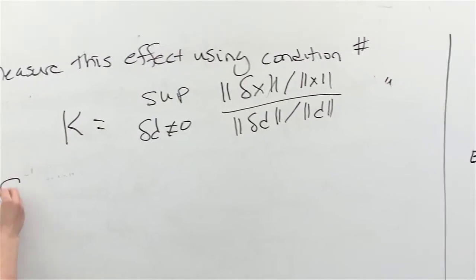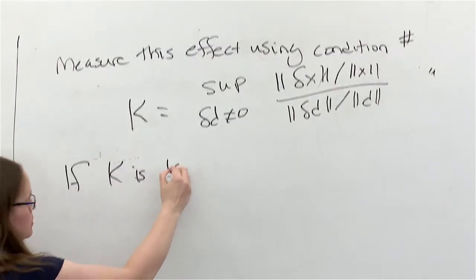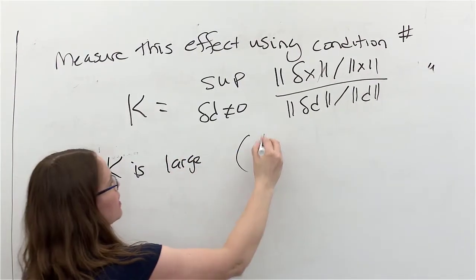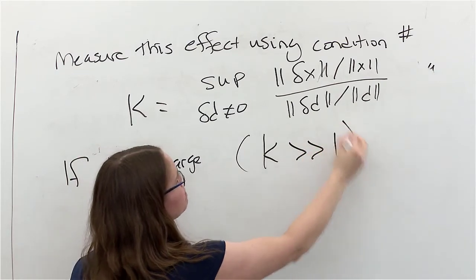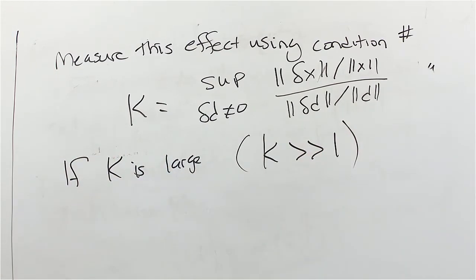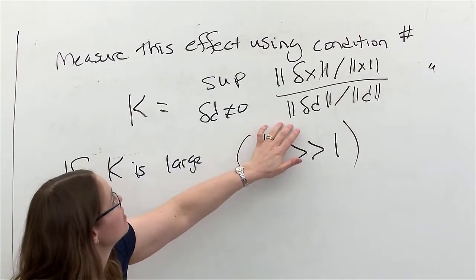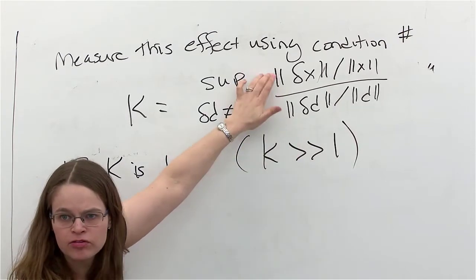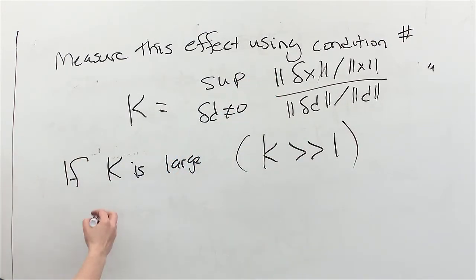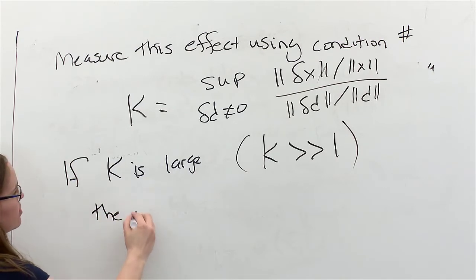So if K is large, say K is much bigger than 1, in other words, the data error can be very small while the solution error can be very large, then we're going to say that the problem is ill-conditioned.